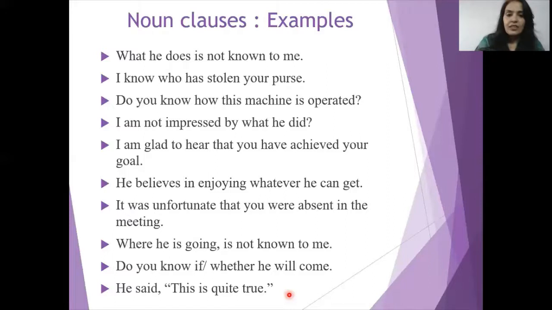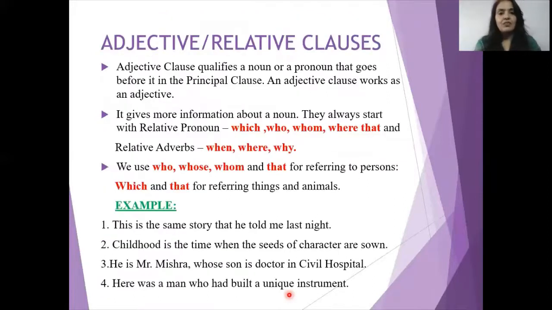So we'll go on to the next one, adjective or relative clauses. An adjective clause qualifies a noun or a pronoun that goes before it in the principal clause. An adjective clause works as an adjective. It means it qualifies and tells the quality of the noun.